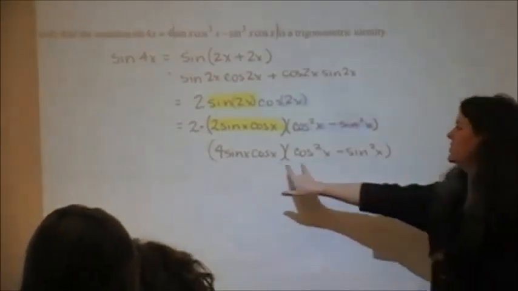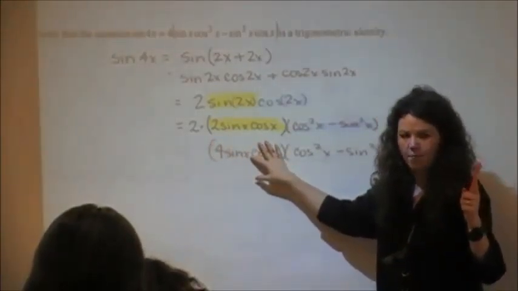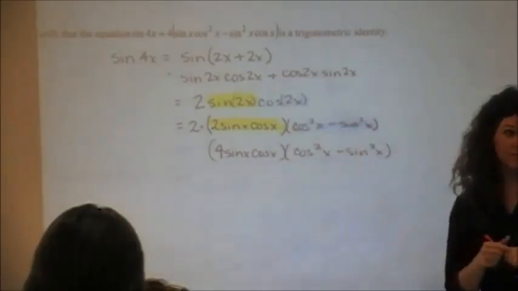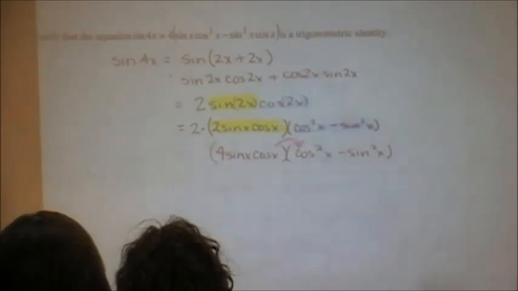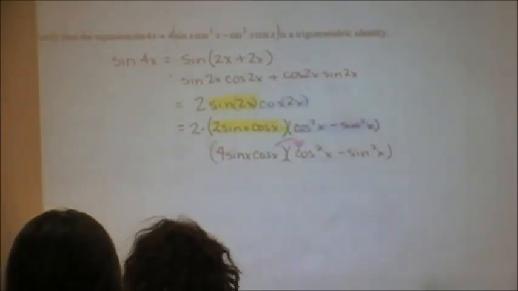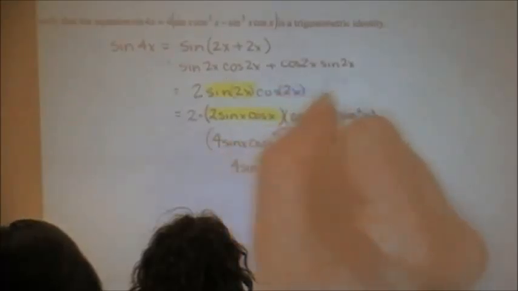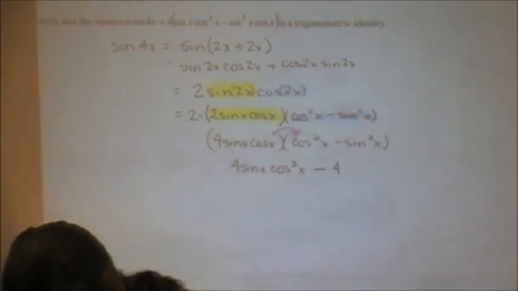The 4, the sine, they all go together, so this is all one term. This is 2 terms. I'm going to distribute the whole thing into both terms. If I distribute it into that first term, 4 sine x cosine cubed x, minus 4 sine cubed x cosine x.